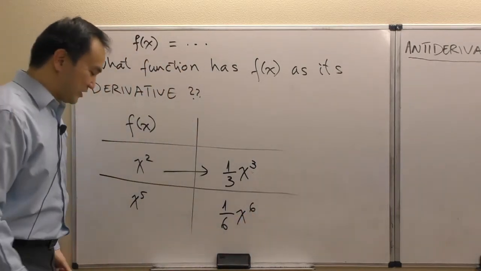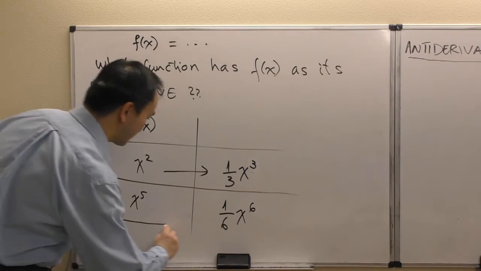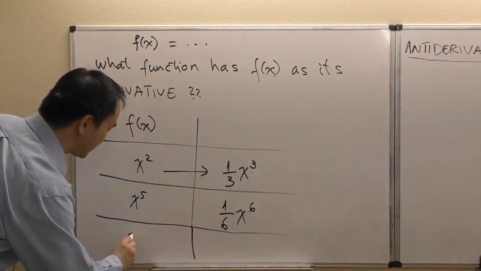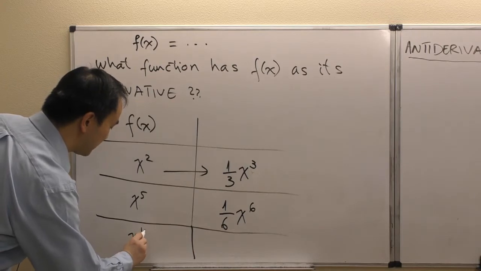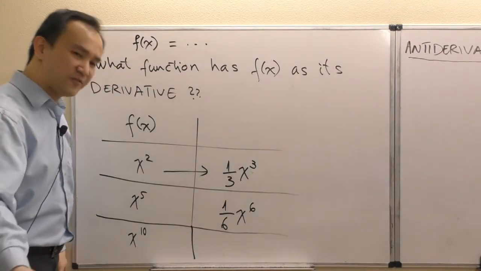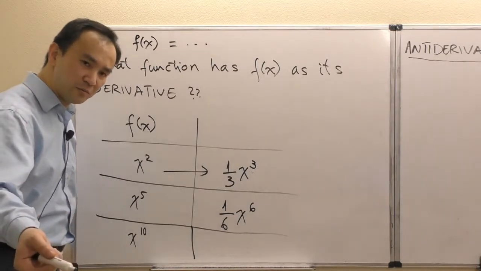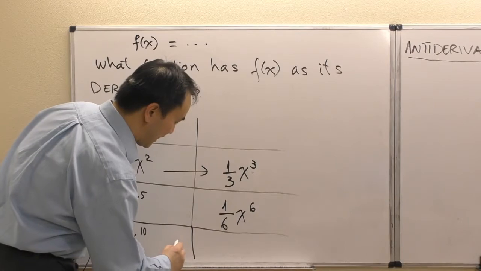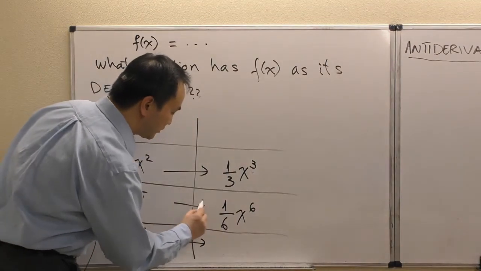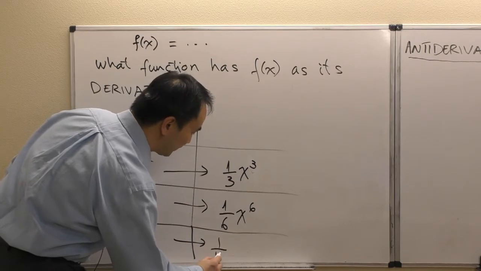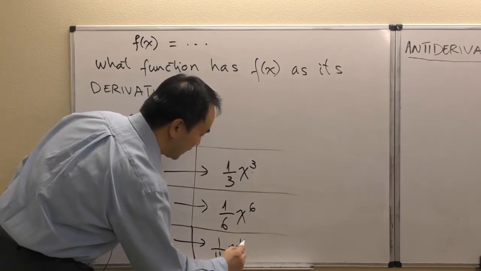Now x to the 10th was the one that I brought up on the board, and I left that for viewers, for students of mine, to go through and find the answer on your own. And I highly believe that any of you should arrive at the same answer as mine right here, that it was 1 over 11 times x to the 11th.